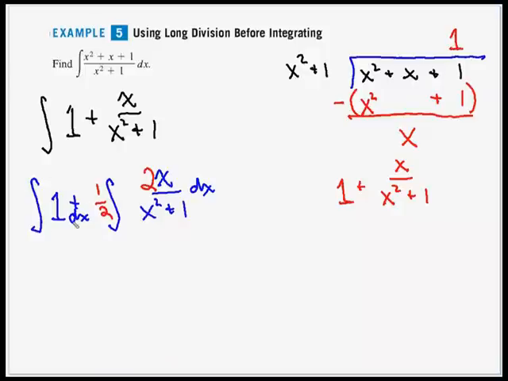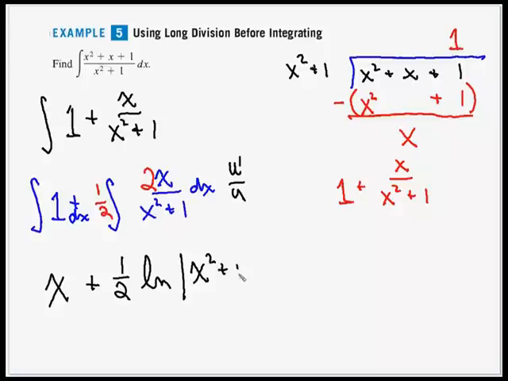So when we take the antiderivative of the constant 1 with respect to x, we get an x plus. Here we'll have 1/2. And now this is all set up in the format of u prime over u, function on the bottom, derivative up top. So it's going to be the natural log of the absolute value of its denominator plus c.